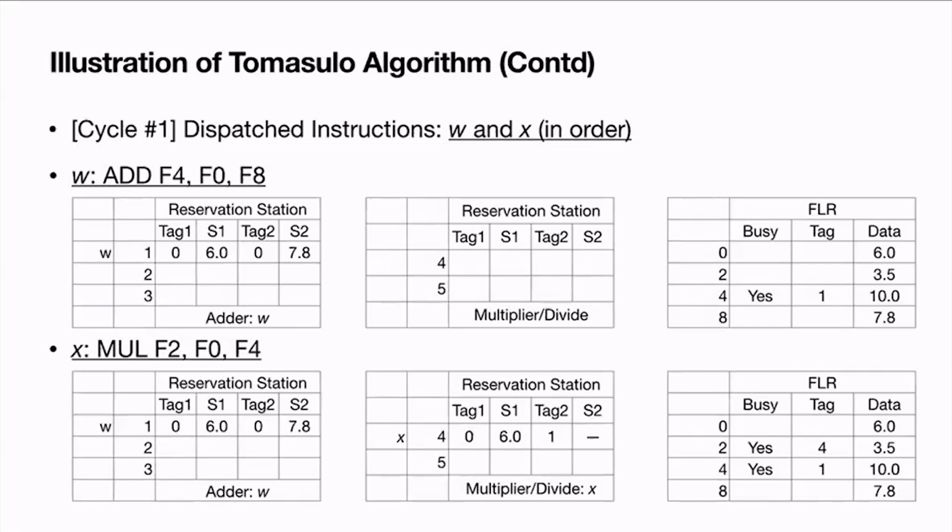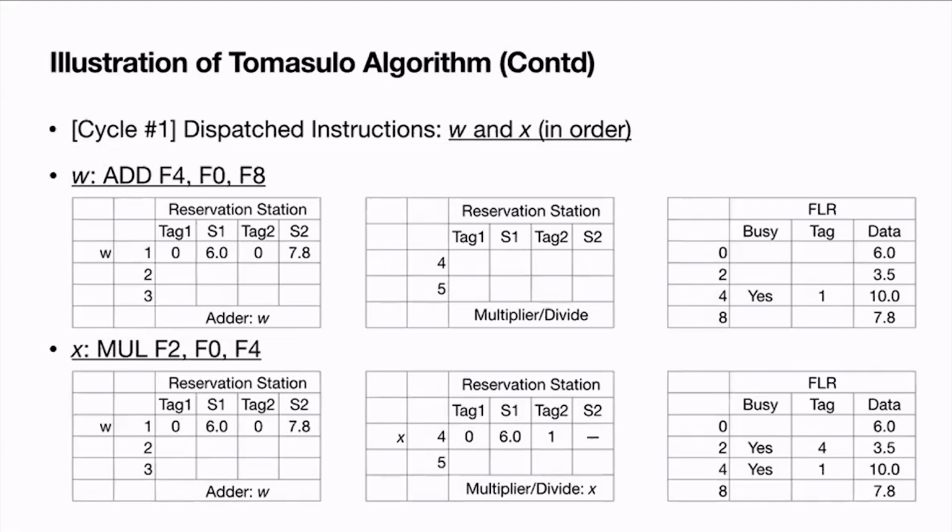And that's the reason why, if you see the 4th entry in the reservation station, which is associated with the multiplier, the tag 1 is 0 because F0 already has the value. So the 6 is stored in the data field, and tag 2 is going to be produced by the previous add instruction, so in the tag 2 field we just put the value 1. And this multiply operation is going to write the result to F2.